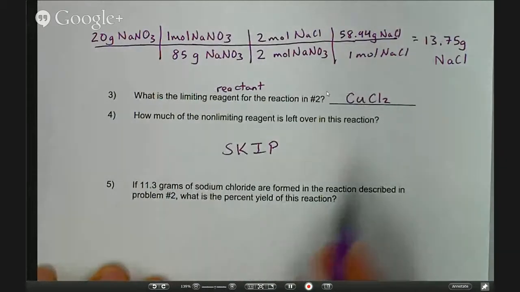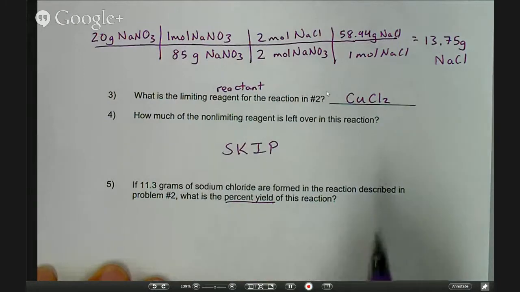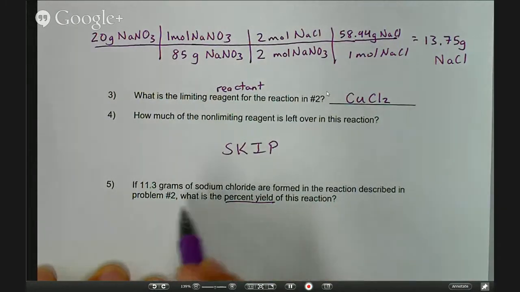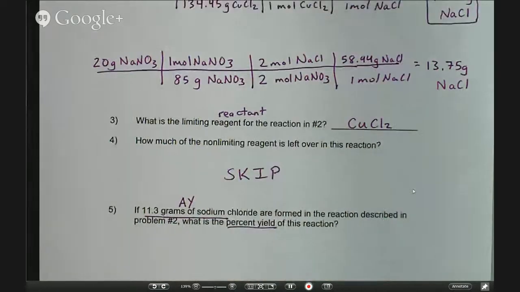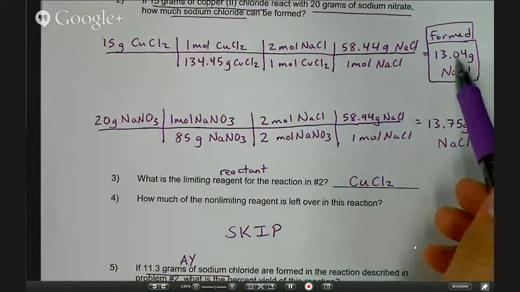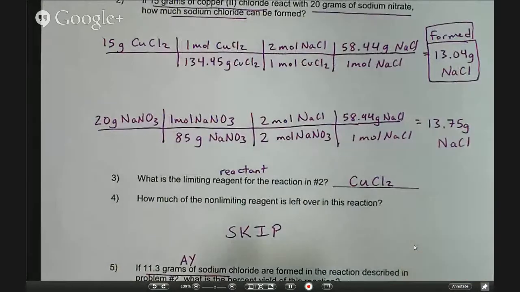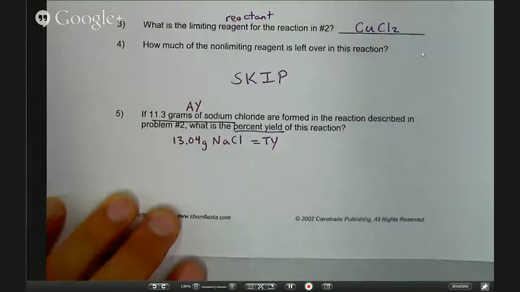Number 5 is a percent yield problem, which is just some review from what we've been doing. They say 11.3 grams are formed in this reaction. That's our actual yield, the amount that's actually made. And we just found in our limiting reactant problem up above 13.04 grams, that's our theoretical yield, which I just wrote down here.